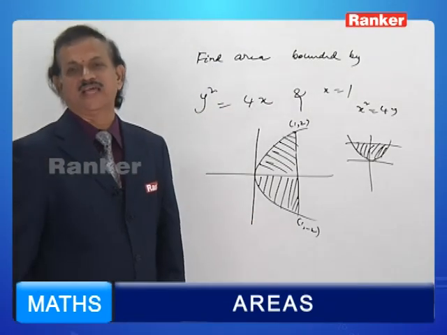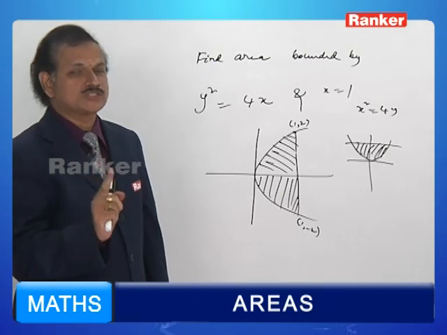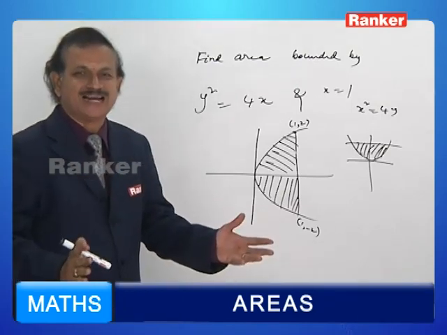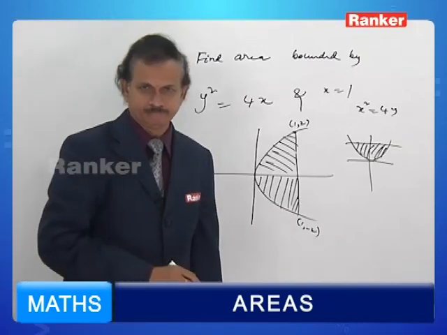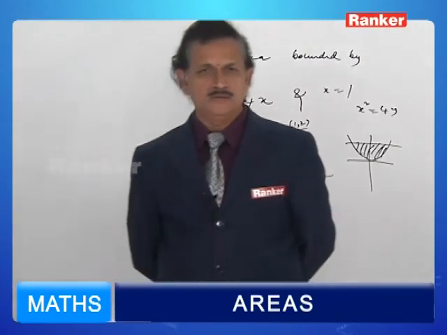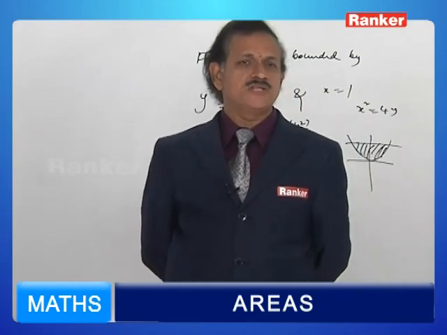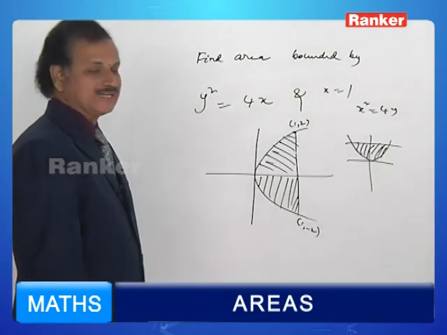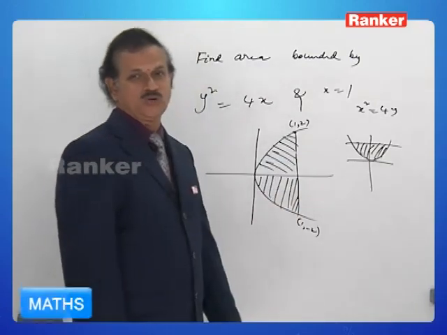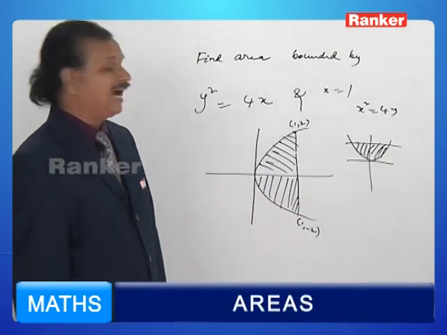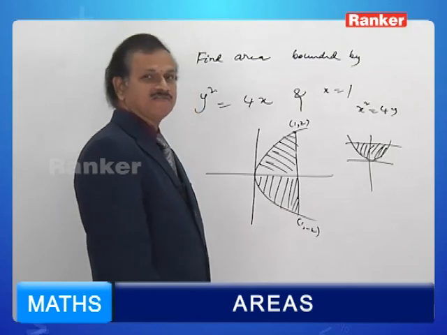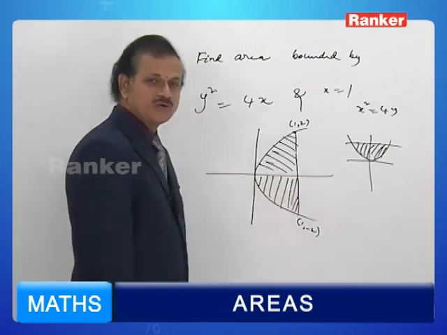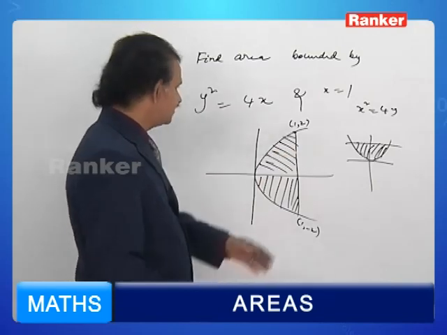What I mean to say is, you must be able to observe the symmetry of the curve, if at all there is any. In these examples, the first curve is symmetric about the x-axis and this is symmetric about the y-axis. By thinking of that symmetry, it is not necessary to find these two areas. You just find this area.